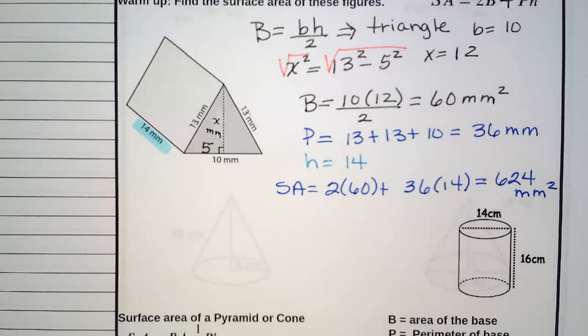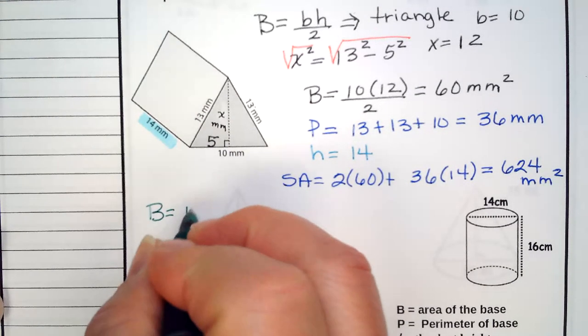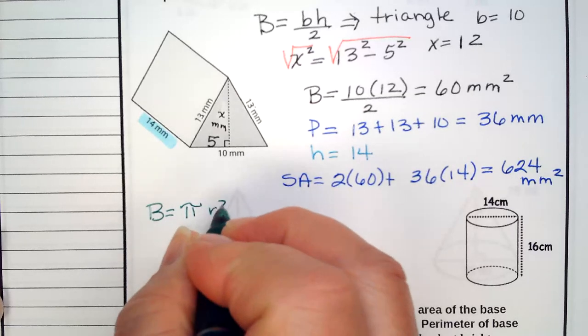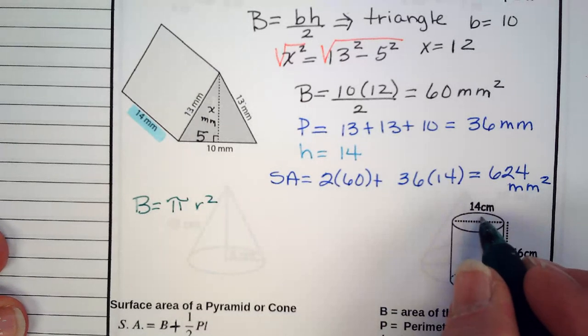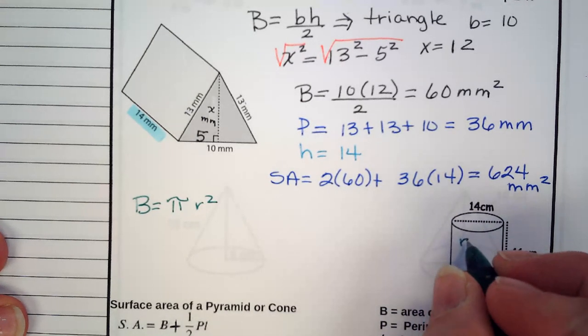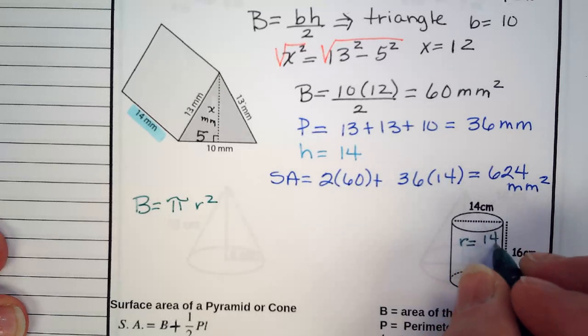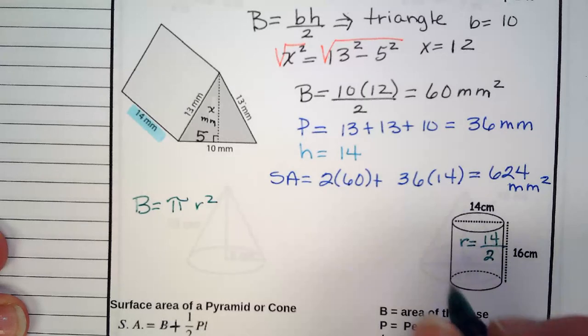If you're looking at a cylinder, what kind of base do you have? You have a circle. So the area of the base is pi r squared. So if I'm looking, this is my diameter, it goes all the way across. My radius is half of that diameter.